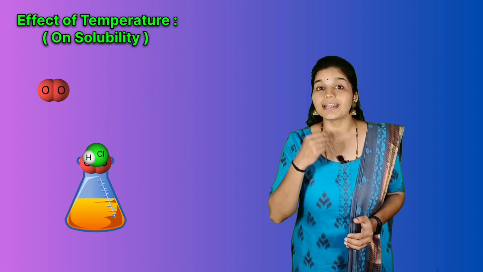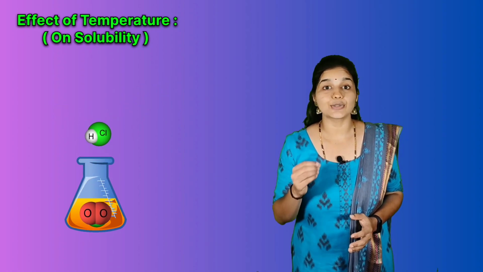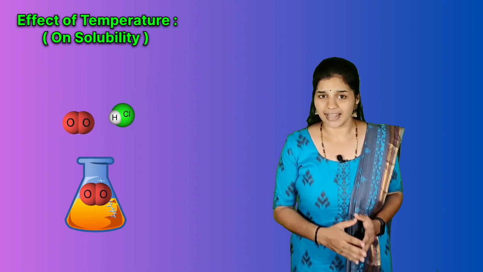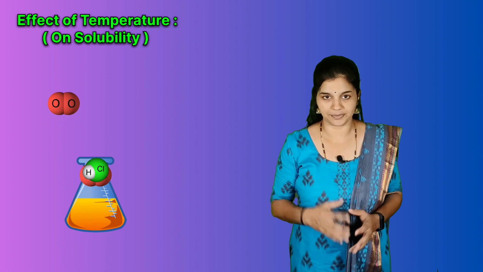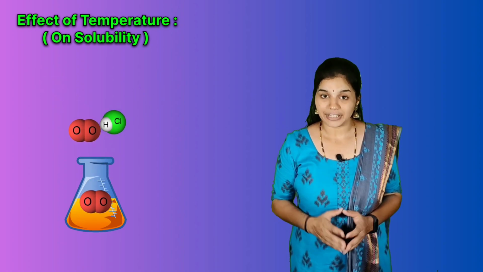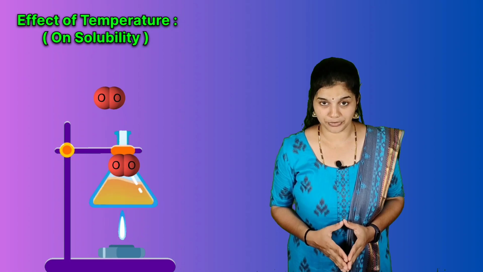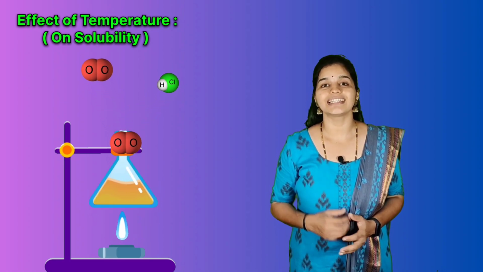Heat is liberated in this process, means the process is exothermic in nature. We have just studied that dissolution process involves dynamic equilibrium and therefore it must follow Le Chatelier's principle. Since the dissolution process is an exothermic process, the solubility of the gas decreases with increase in the temperature.